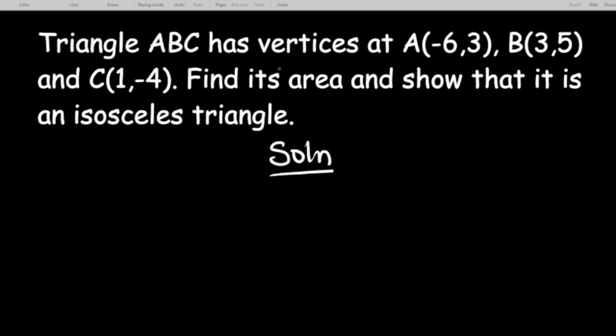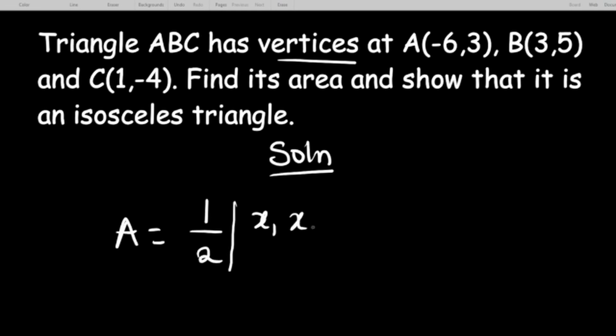As long as there are three vertices or 3 points, this is the formula that we are going to use. We say the area equals 1 over 2, and then you put the absolute value sign, which is the vertical bar, and then inside you write x1, x2, x sub 3, then x sub 1 again.